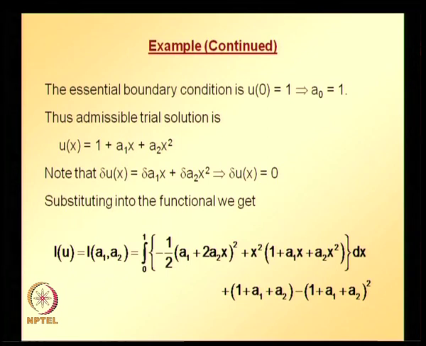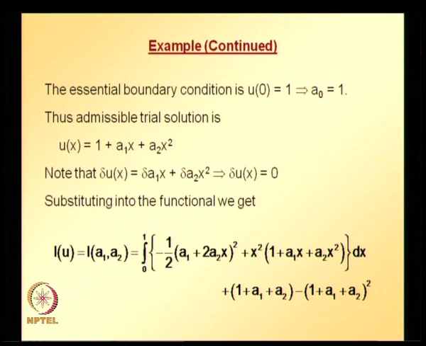So that is how you can verify. Substituting the admissible trial solution into the equivalent functional, it becomes a function of two unknown coefficients a1 and a2. All this is similar to what we have done in the previous problem.